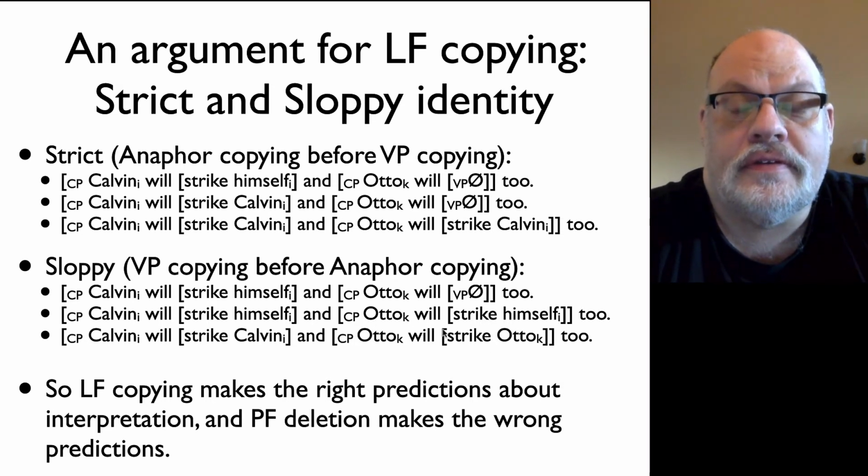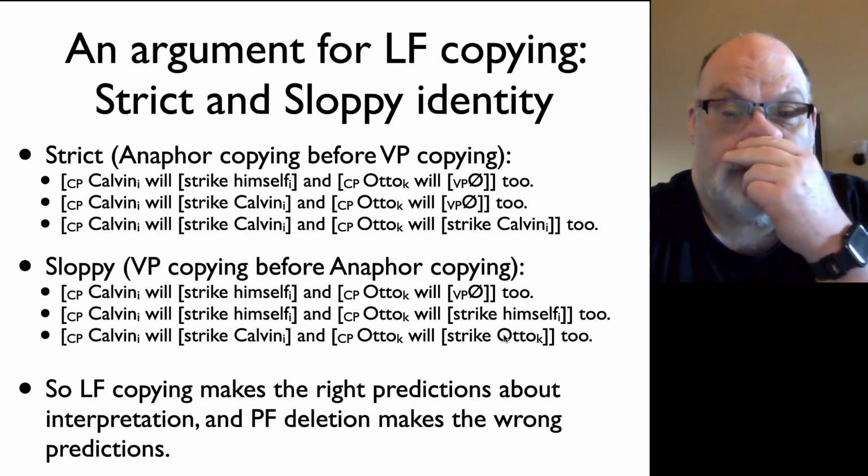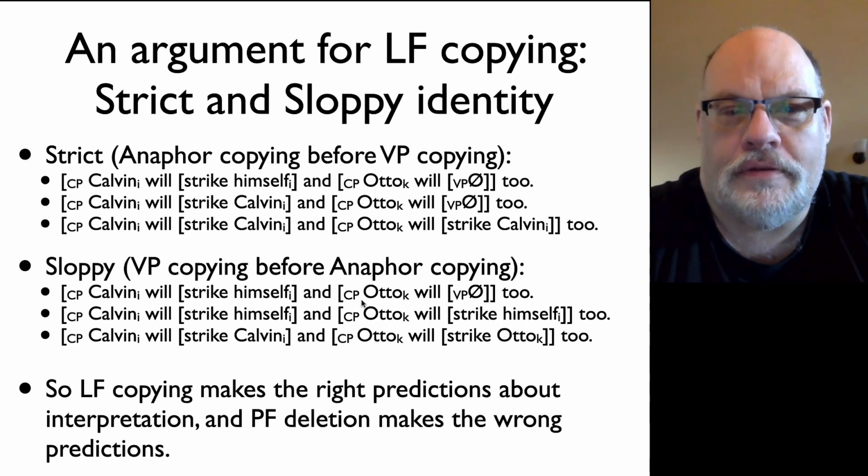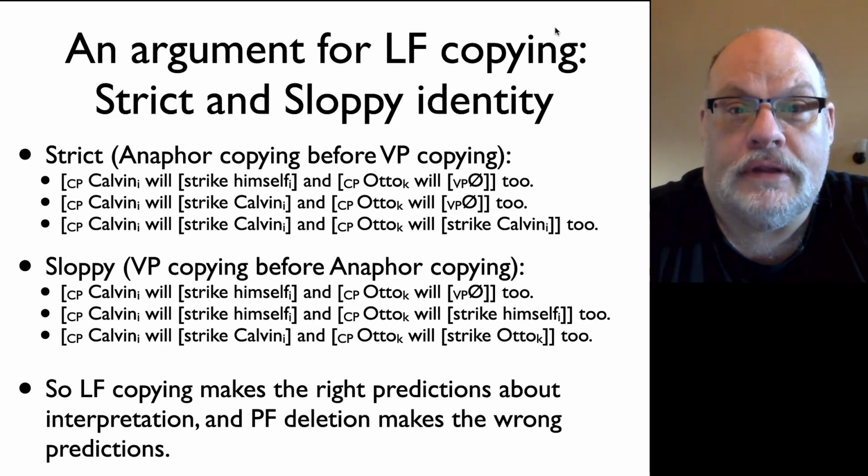So this gives us a sloppy interpretation, where Calvin is hitting Calvin, and Otto is hitting Otto. These two different interpretations can only be derived if we have a theory of LF copying rather than PF deletion. So LF copying makes the right predictions, PF deletion makes the wrong predictions.